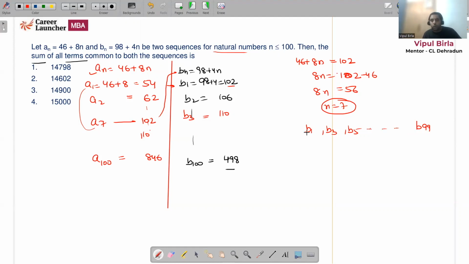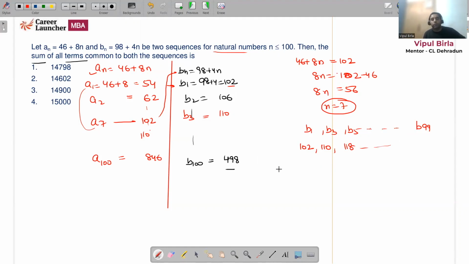The first common term is going to be 102. Next, it is going to be 110, then it is going to be 118, and so on. So these are the common terms, right?